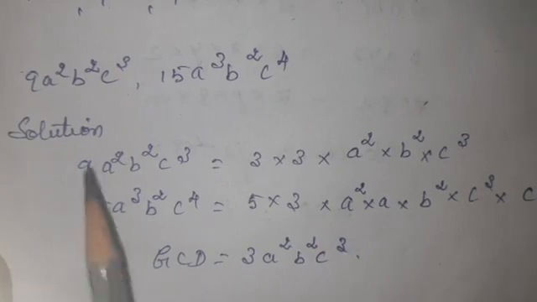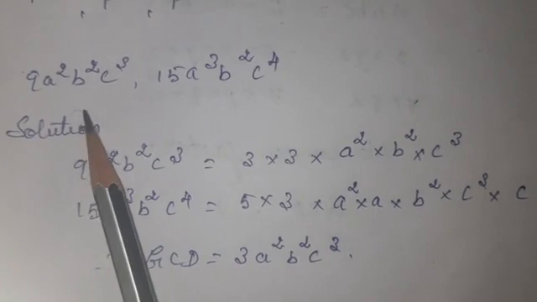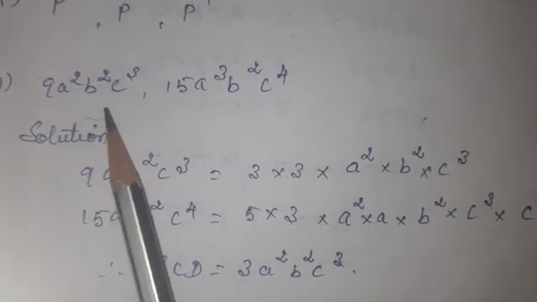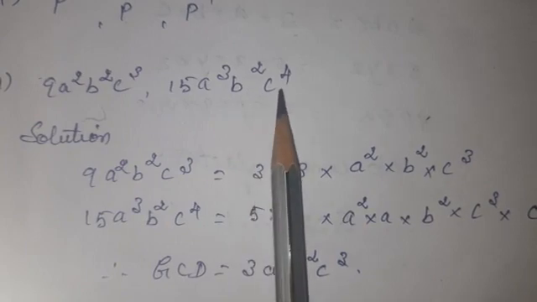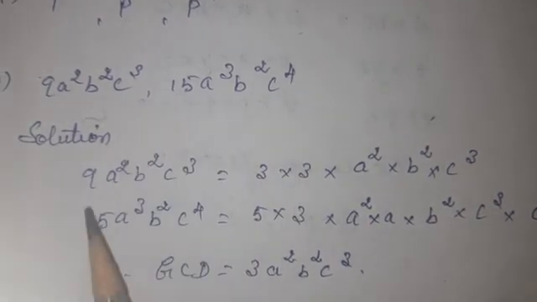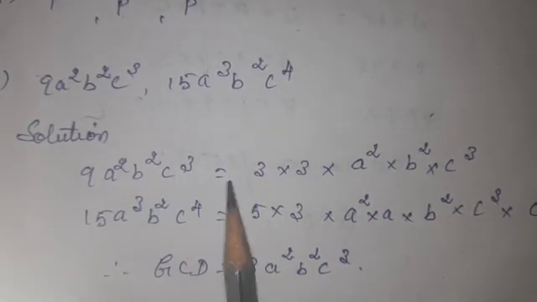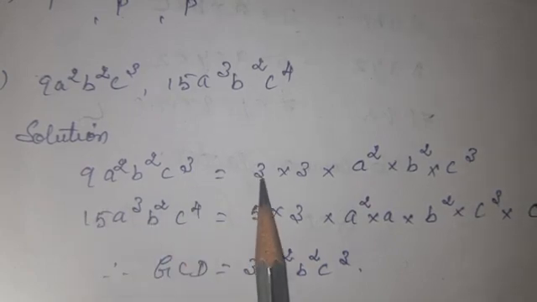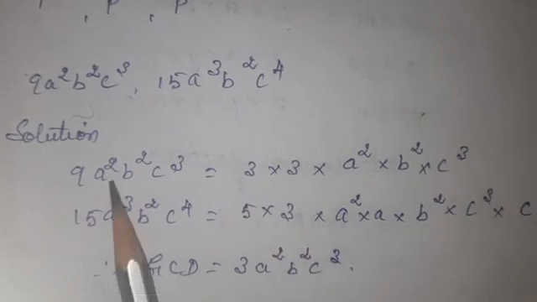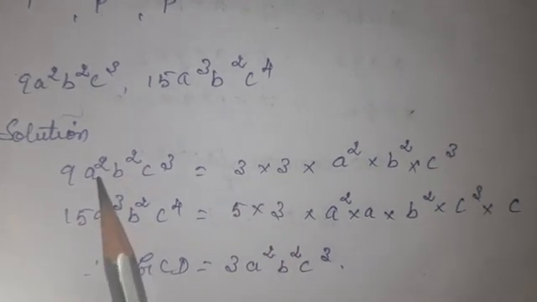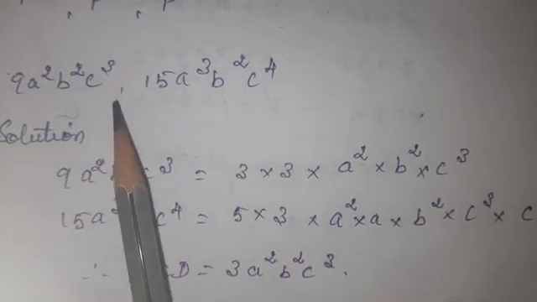Third question: 9a square b square c cube, 15a cube b square c power 4. Solution: the first term, 9 can be written as 3 into 3. 3 3s are 9, no? So I have written 3 into 3. See here a square. Compare each term.